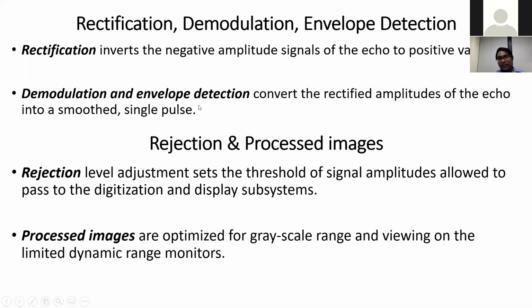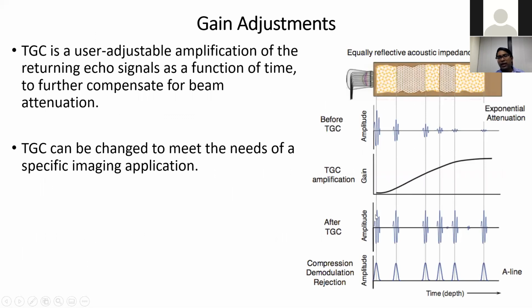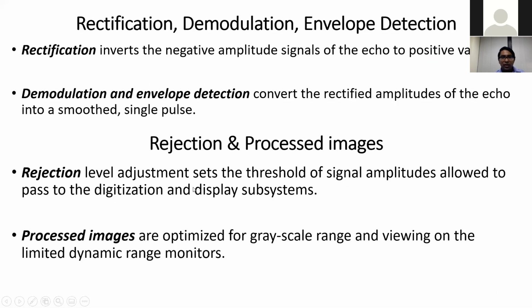The envelope detection is similar to what I showed here, in which you have an amplitude and you can take the envelope of this amplitude. So as you look here, this is the envelope of this amplitude, and that's called the envelope detection.